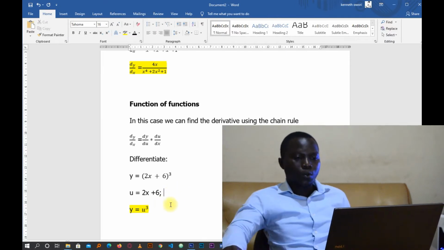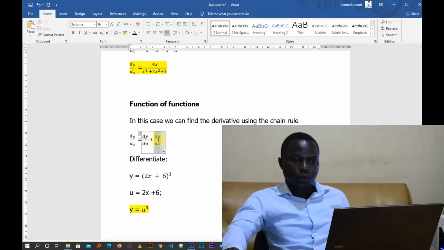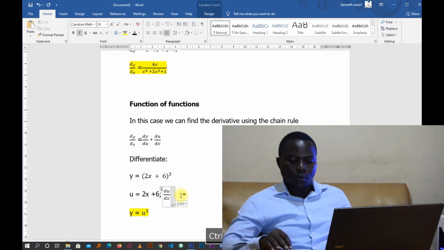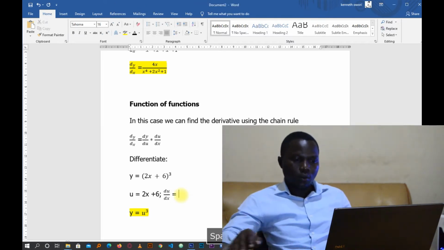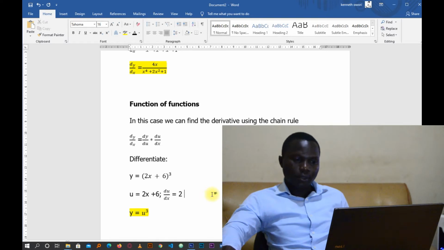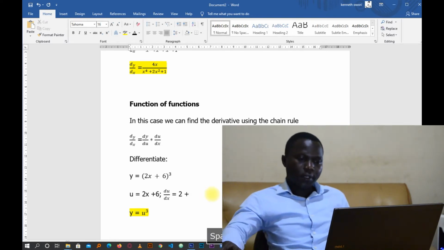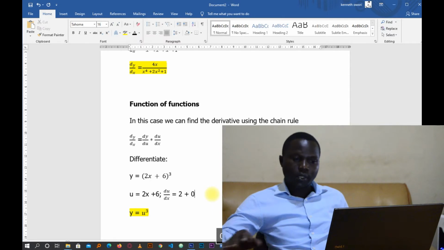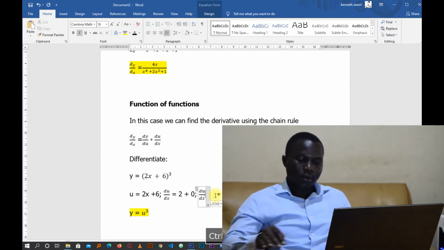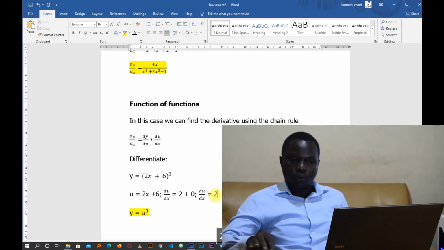From u equals 2x plus 6, du/dx would be: if we differentiate 2x, we get 2. The x disappears, plus if we differentiate 6, which is a constant, we get 0. So our du/dx would be equal to 2.